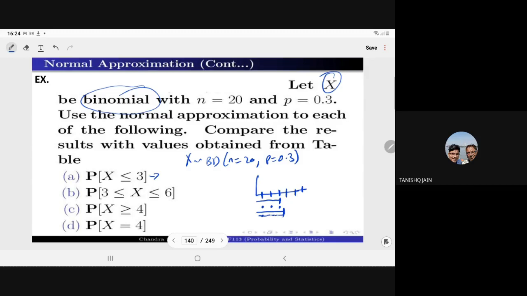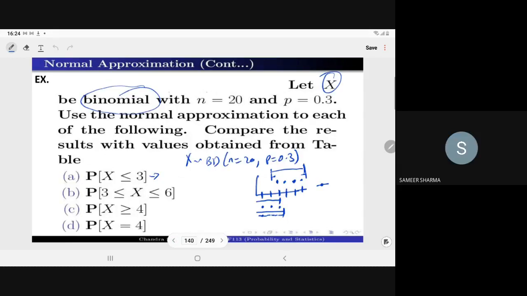So this is the half unit correction when we have to compute between 3 to 6. So this is 3, 4, 5, 6. Here you subtract the half unit correction, and here you add the half unit correction. It means between this and this you have to integrate by the normal approximation. We are not subtracting from the discrete value. We are making this point an interval by adding and subtracting the half unit correction. Clear now?